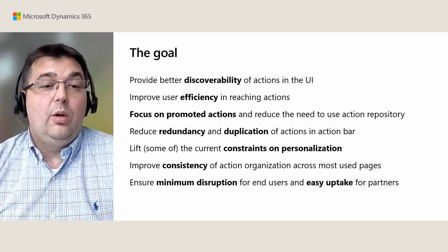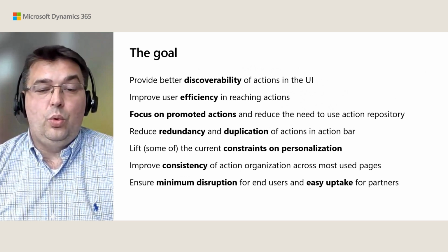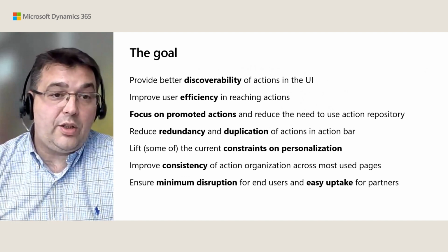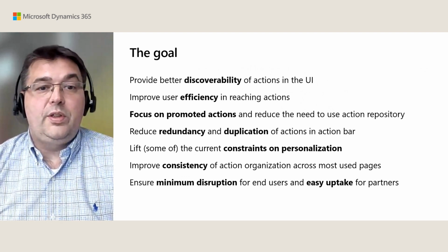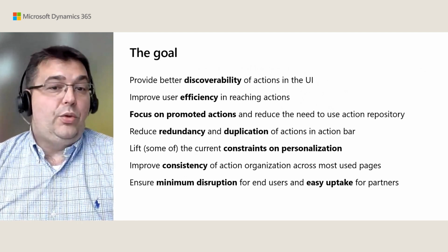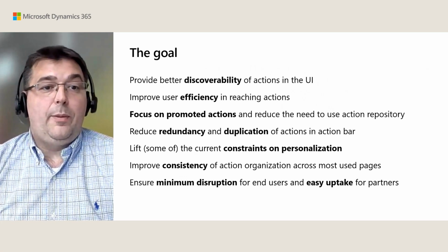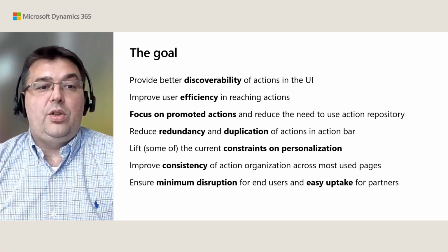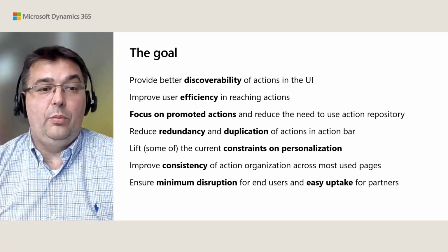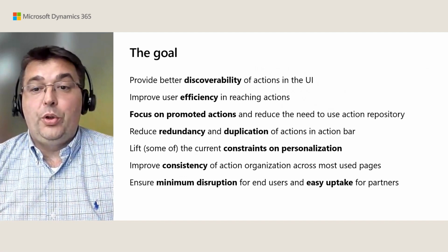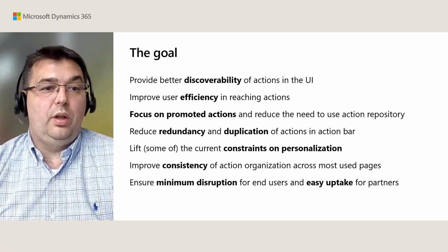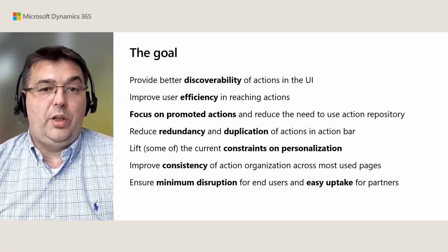In summary, what Business Central needs to do to help its users is to provide better discoverability of actions, bring more efficiency in the way that the actions are reached through the action bar, reduce the need to use the action repository, reduce the redundancy and duplication, and lift some of the constraints that legacy action bar had on personalization, and top it all up with improved consistency and action organization across the most used pages.